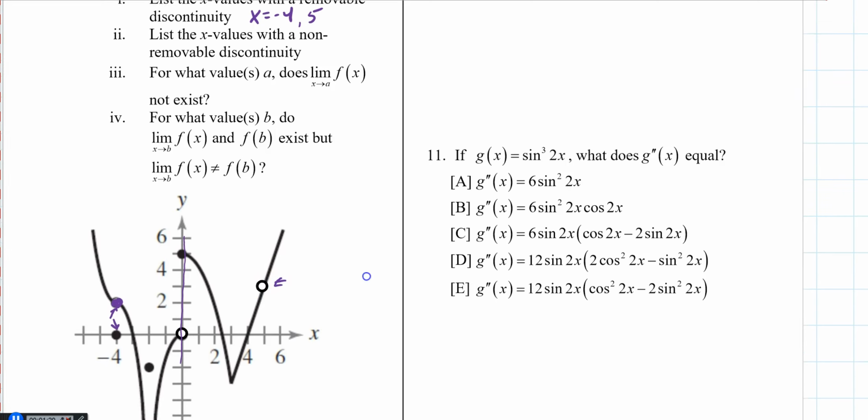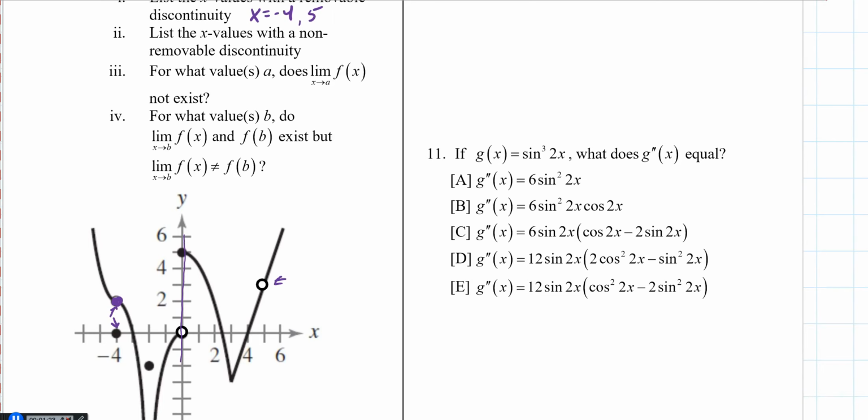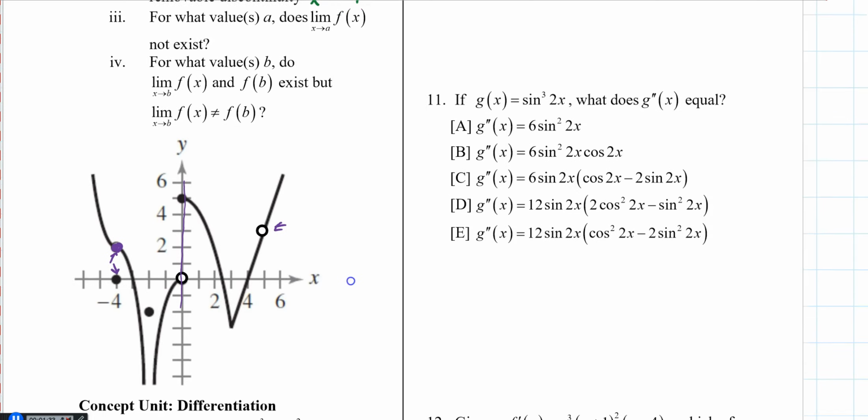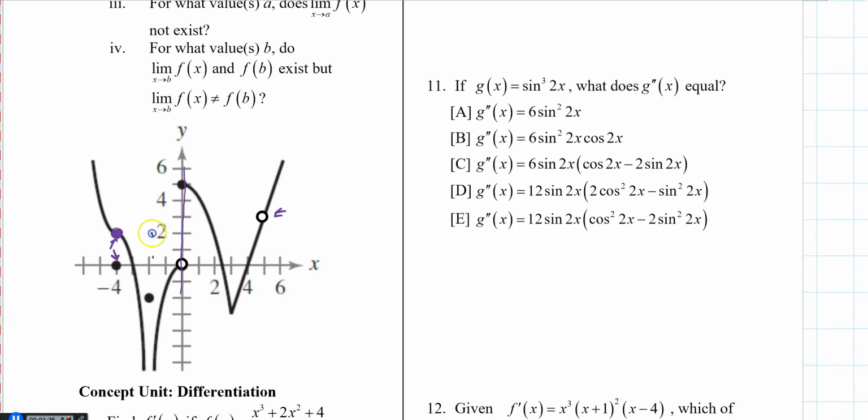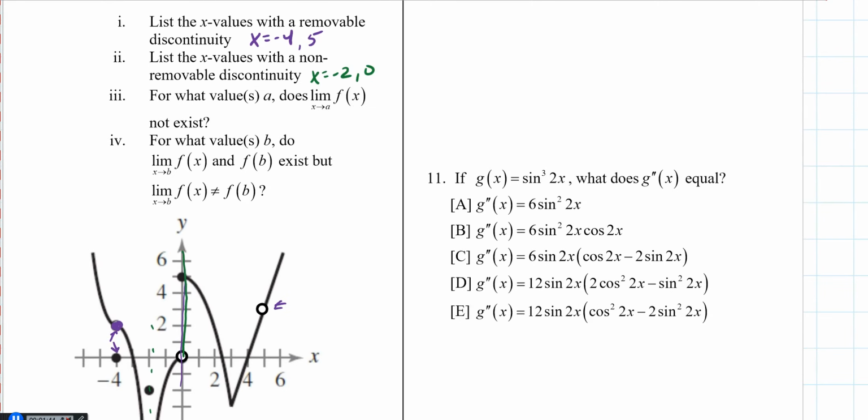And then part 2 lists the x values with a non-removable discontinuity. That's going to be at x equals -2 and 0. At -2 we have an asymptote, that's not removable. And at 0 we have this jump, so that's also non-removable.